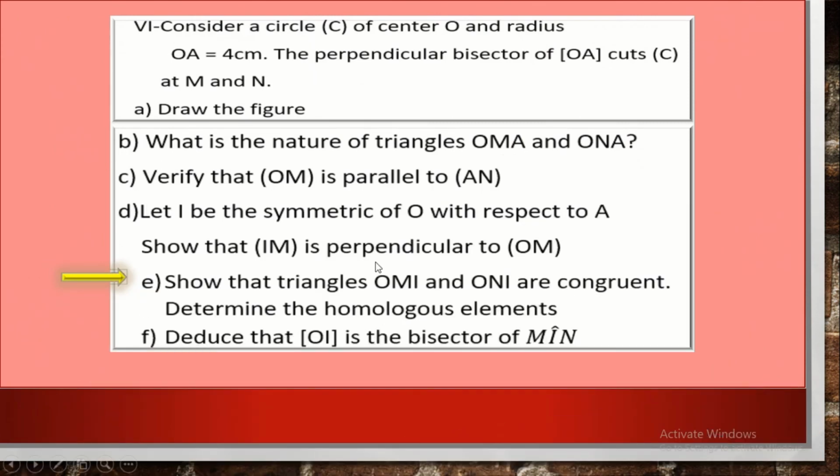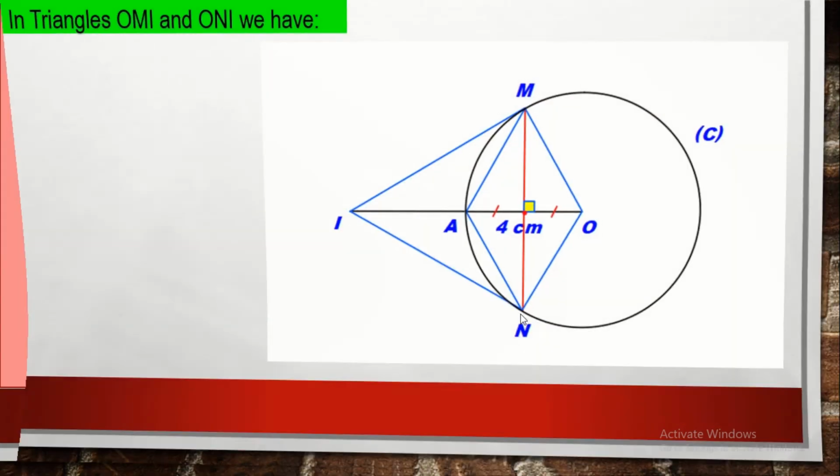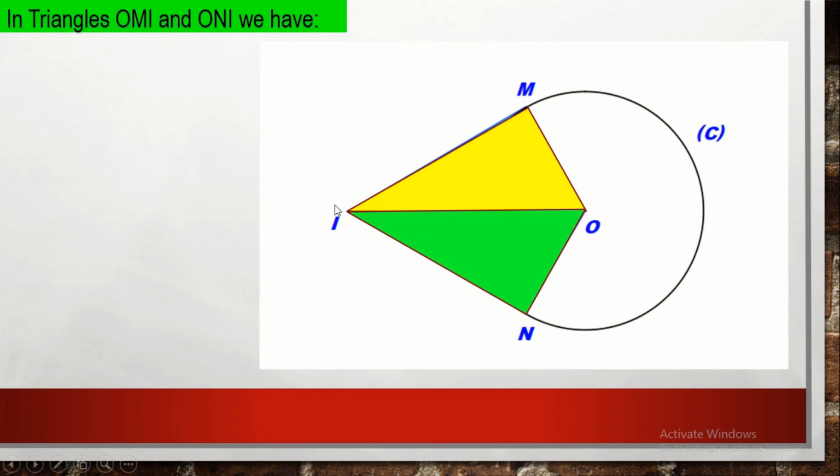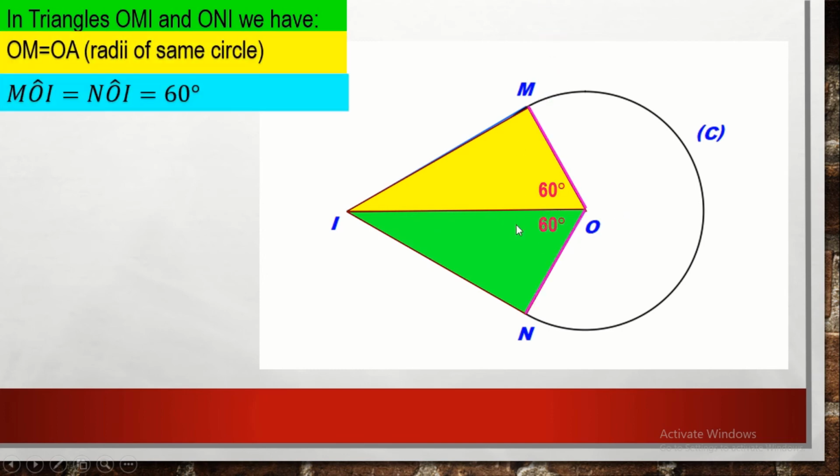Now show that triangles OMI and ONI are congruent and determine their homologous elements. How to prove them? Let's take the triangles OMI and ONI. What do we have in these two triangles?